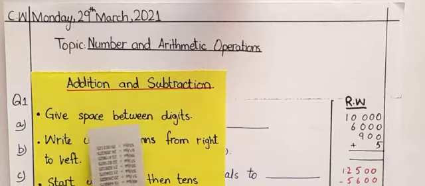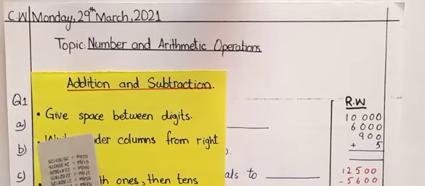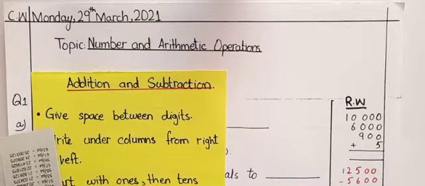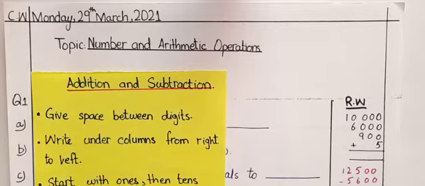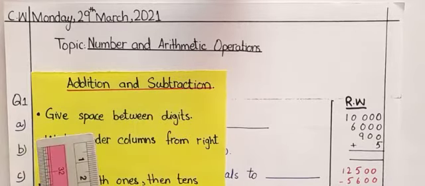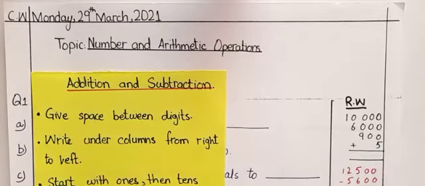Number 1 is give space between digits. When writing digits you have to give space. In English, when we write a word, you can see here "give", I am not giving space in "give". There is no space. But when we are doing addition and subtraction, we have to give space. Here you can see these words are with spaces.